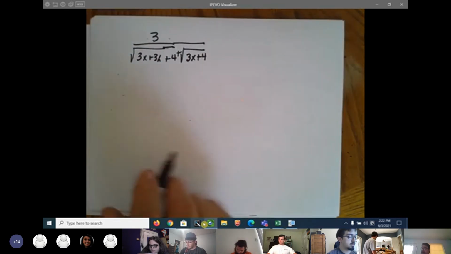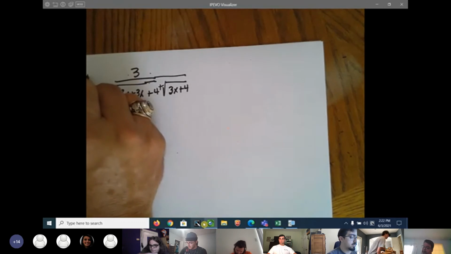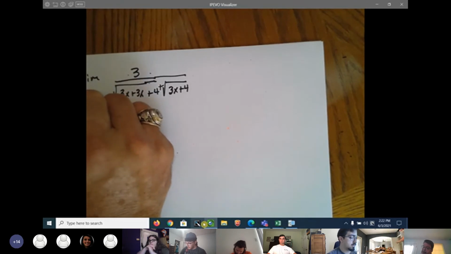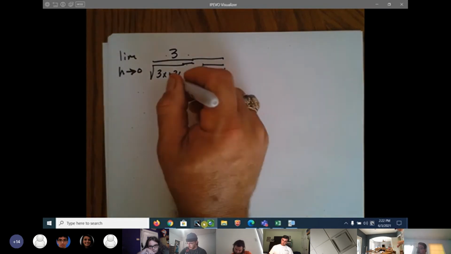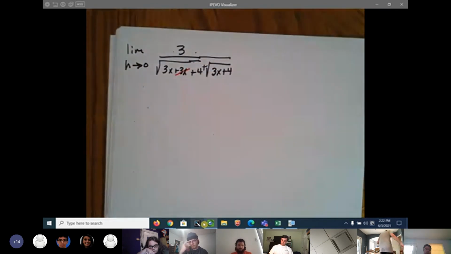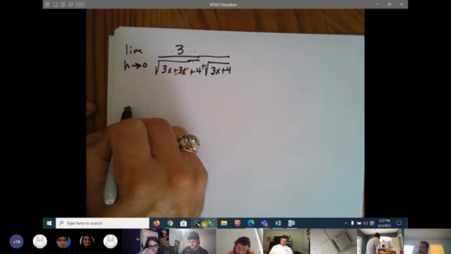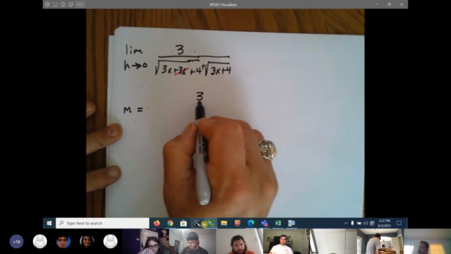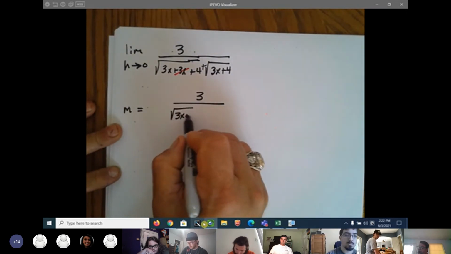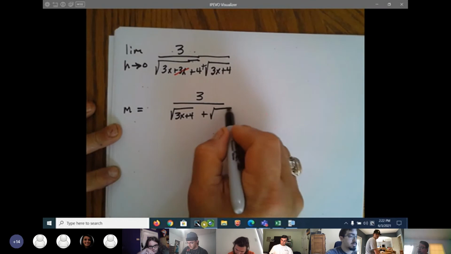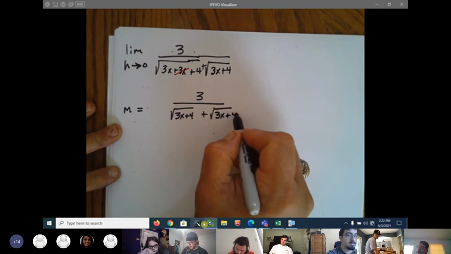And basically, limit as h approaches 0. And what happens to the h term in the middle? It goes out, and you're left with m is equal to 3 over the square root of 3x plus 4 plus the square root of 3x plus 4.